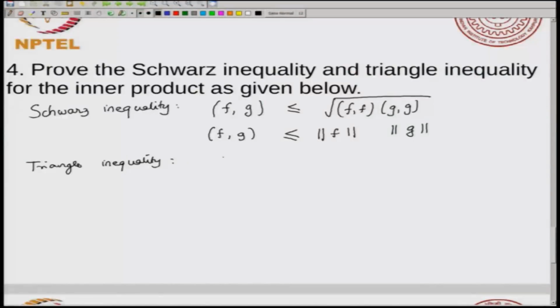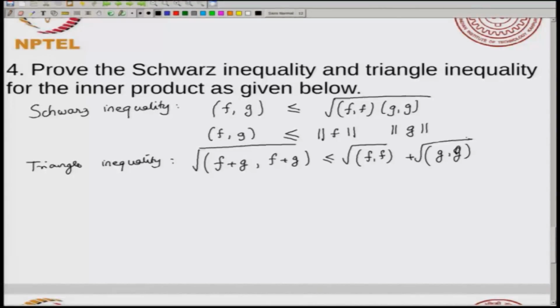So in terms of vector spaces, what it says is that the inner product of f plus g with f plus g should be less than or equal to the inner product of f with f plus the inner product of g with g. Okay. And yeah, all this should be under the square root. In other words, the norm of f plus g should be less than or equal to the norm of f plus the norm of g.